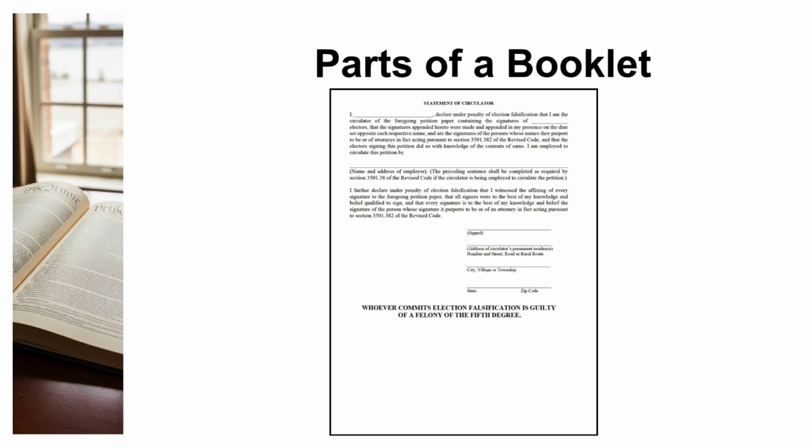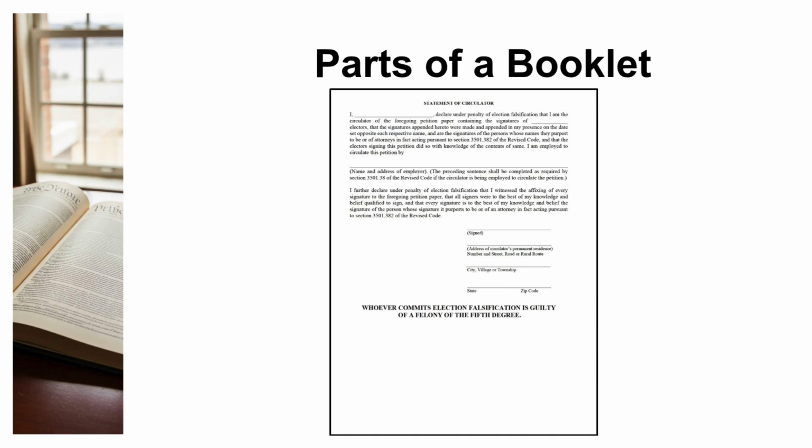The very next line, when it says, I am employed to circulate the petition, you're going to leave that blank, because you are not a paid circulator. You're not collecting money to gather signatures, okay? So you're going to leave that blank. And then you're going to go down, you're going to sign your name, you're going to sign your address, and again, not a P.O. box, physical street address on that line, and then city, next line, state, and then zip code, okay?